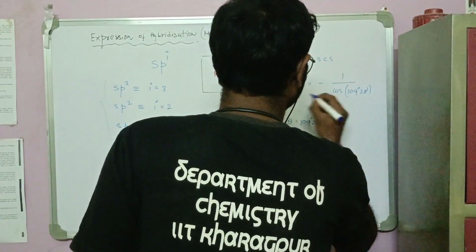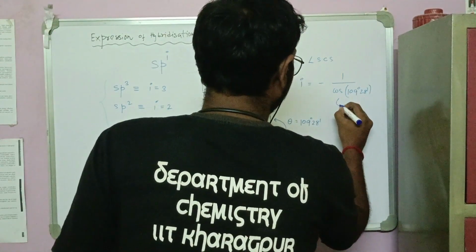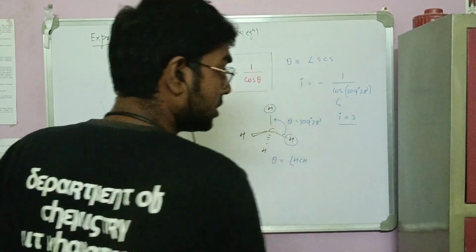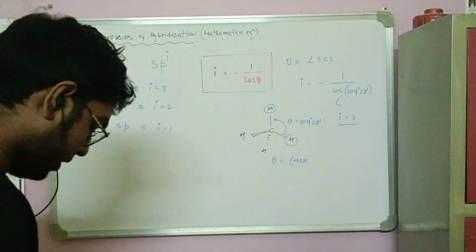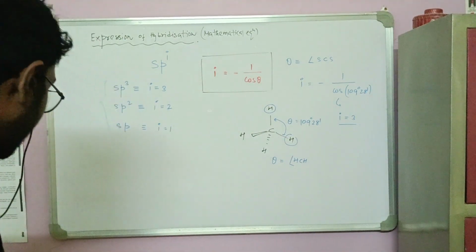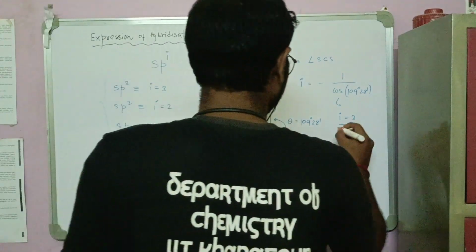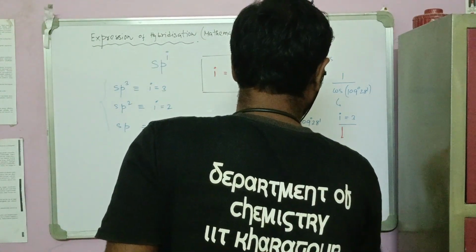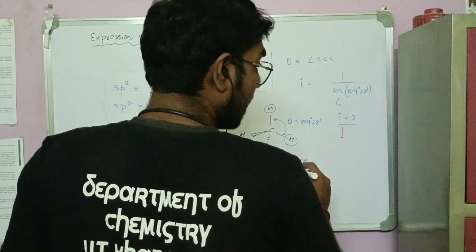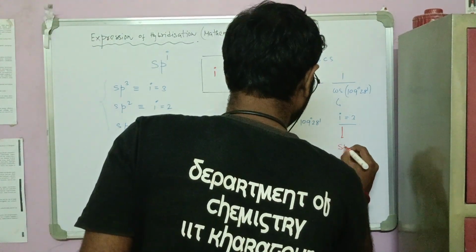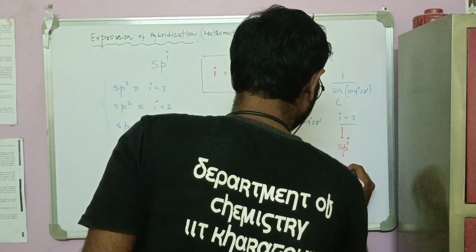By putting it in this equation we get our i value to be almost equal to 3. So from this we can say the hybridization of the central atom, that is the carbon atom, for the methane molecule is sp^i, that is sp3.